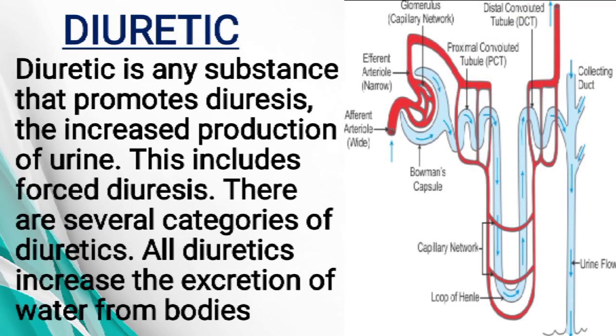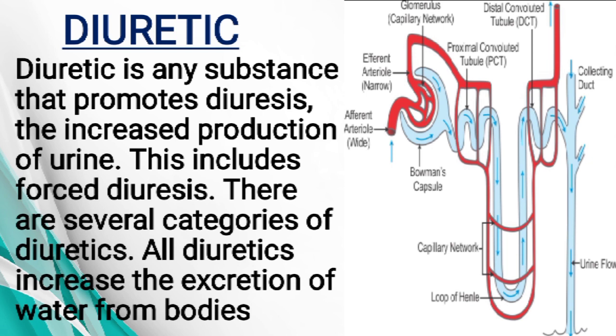Now, what are diuretics? A diuretic is a substance that promotes diuresis, the increased production of urine. This includes forced diuresis. There are several categories of diuretics. All diuretics increase excretion of water from the body. As you can see the flow chart on the side, the flow chart is the picture of nephrons.